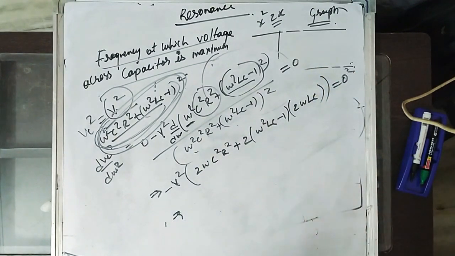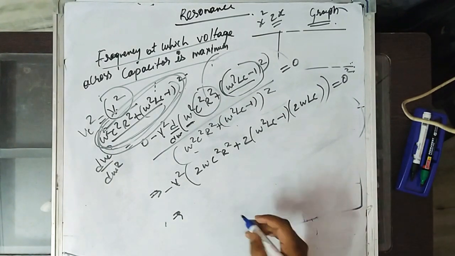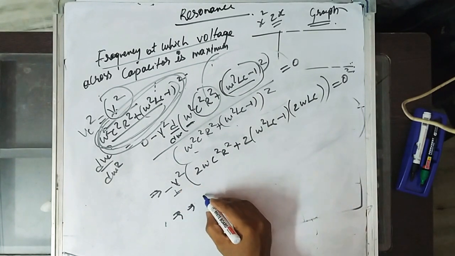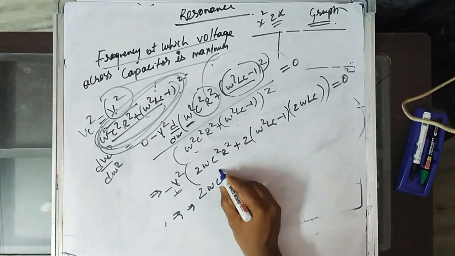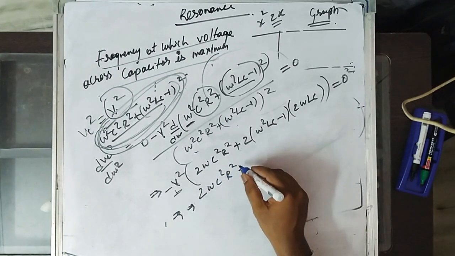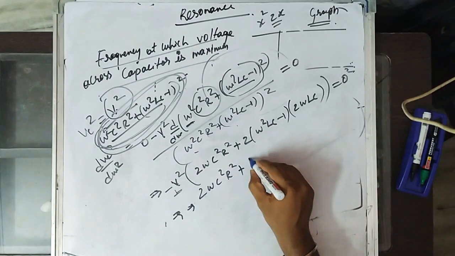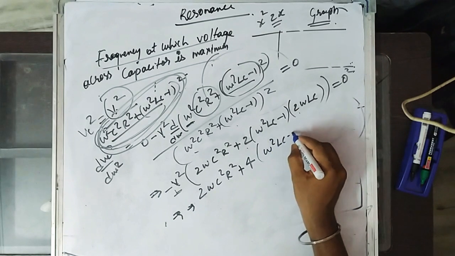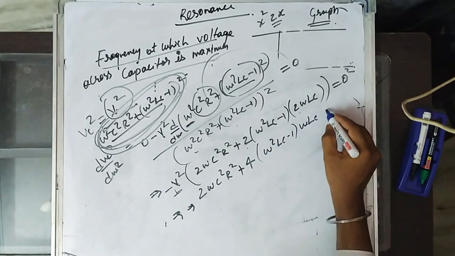Now this V square also will become 0. We will go to that side. Then we will have 2 omega C square R square plus 4, 2 into 2, 4 of omega square LC minus 1 of omega LC equal to 0.